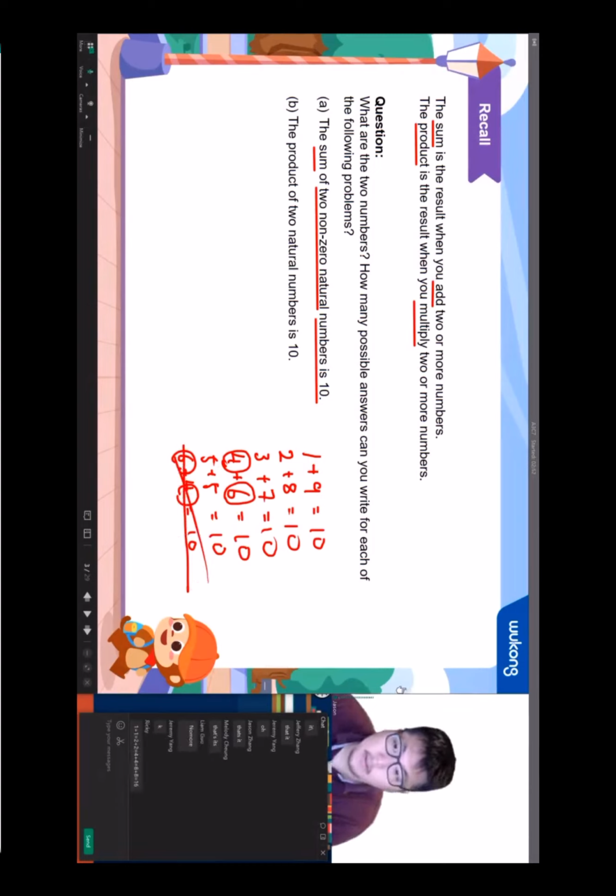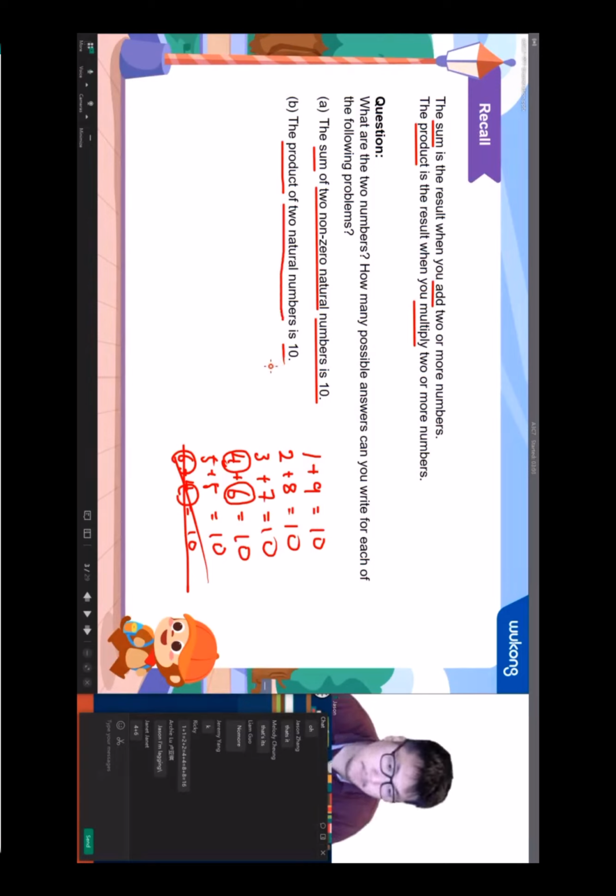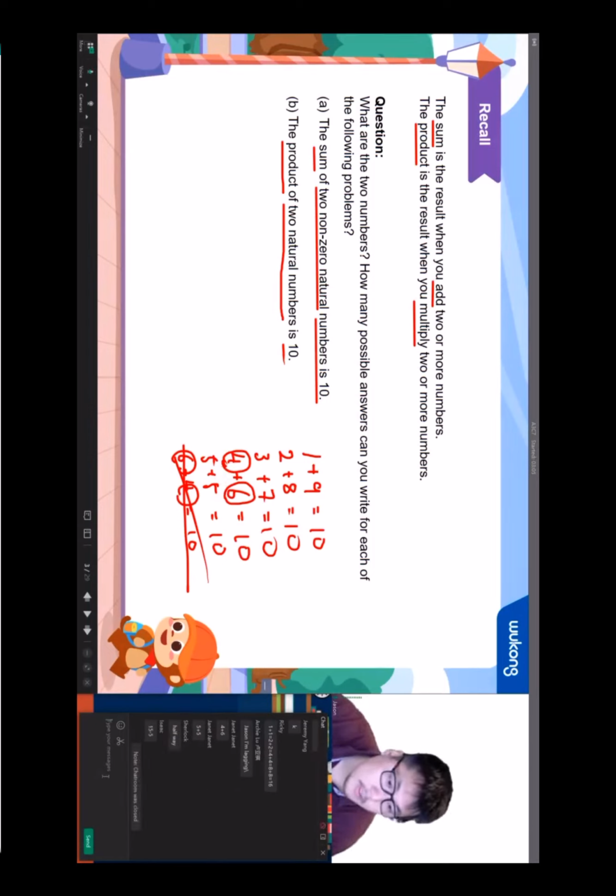Okay? So, these are the list, guys, and now, what about the product of two natural numbers is 10?